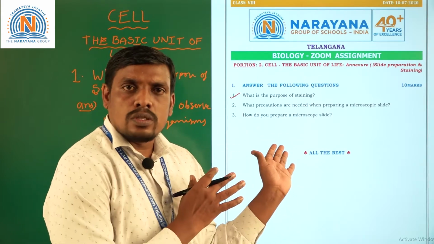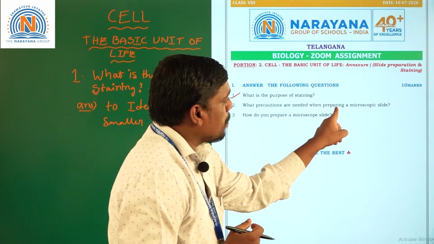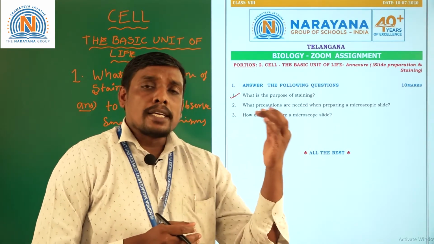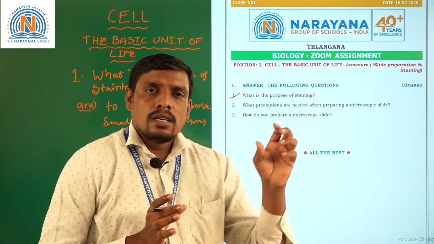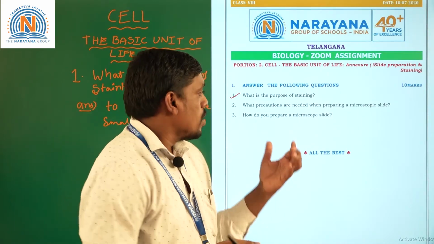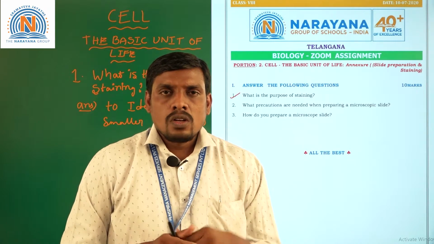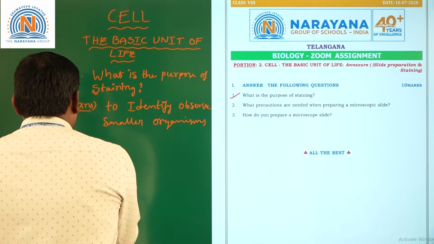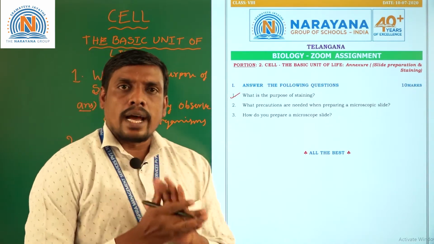Students, I am moving on to the next question. What precautions are needed when preparing a microscopic slide? While explaining the different experiments in the chapter on the cell, the basic unit of life, I had explained the preparation of a microscopic slide. So, the second question: what precautions do you have to take while preparing a slide?